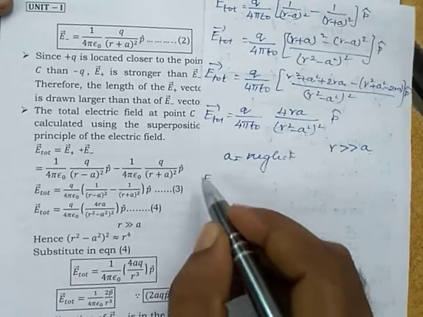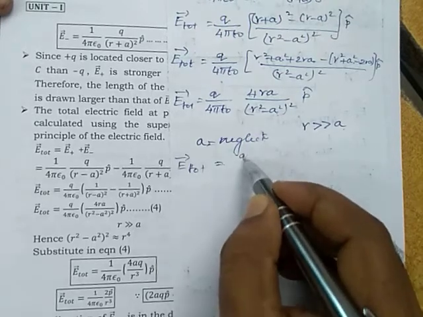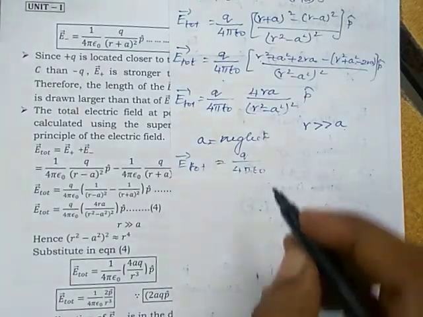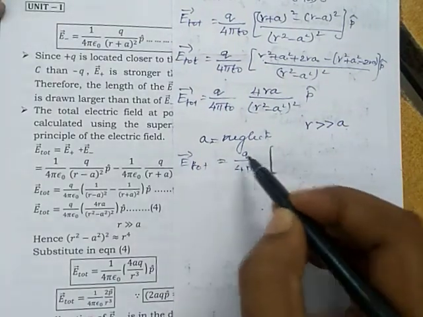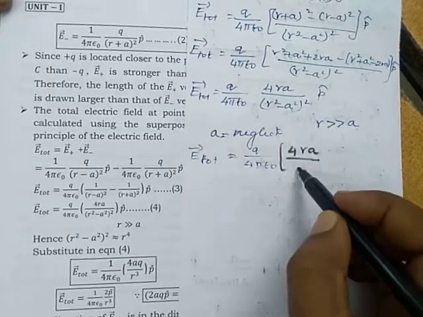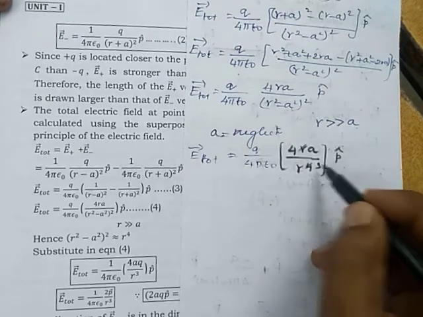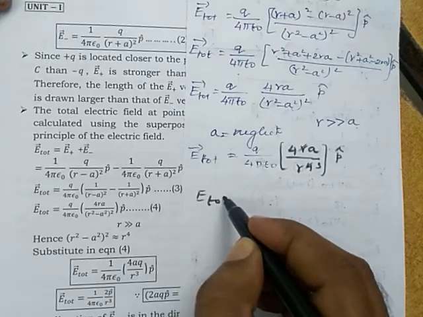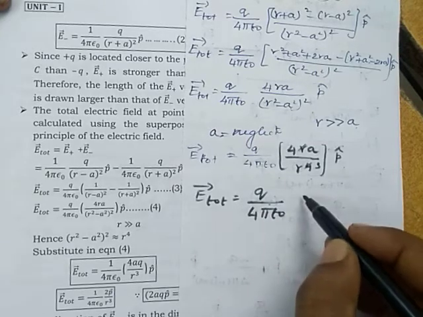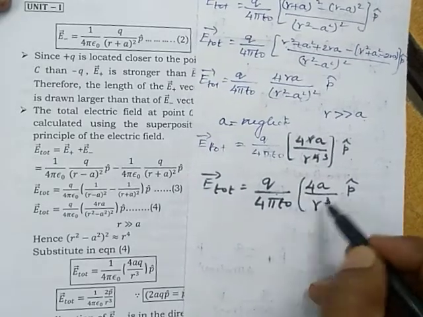Then E total becomes q by 4 pi epsilon naught, ra by r power 4, since a power 4 is neglected, p cap. Cancelling this we get E total vector is equal to q by 4 pi epsilon naught, 4a by r cube p cap.